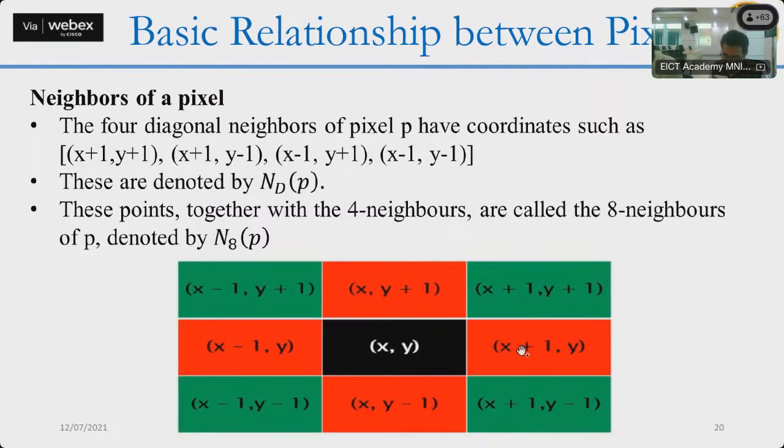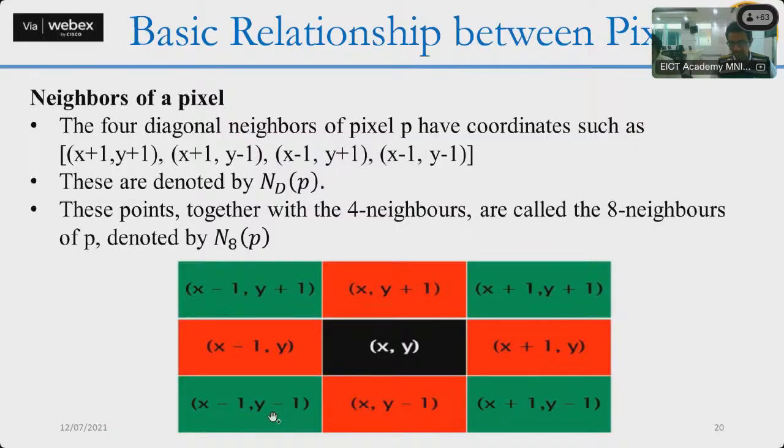Here, x plus 1, y and x, y, only x is changing. But when we talk about the diagonal level, two values are changing. For example, it is x plus 1, y plus 1. It is x minus 1, y plus 1. Here also, it is x minus 1, y minus 1.